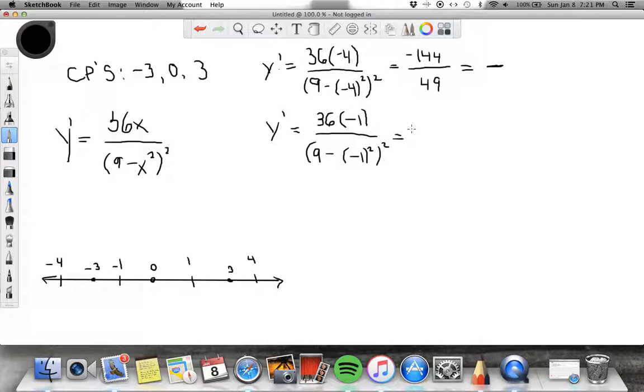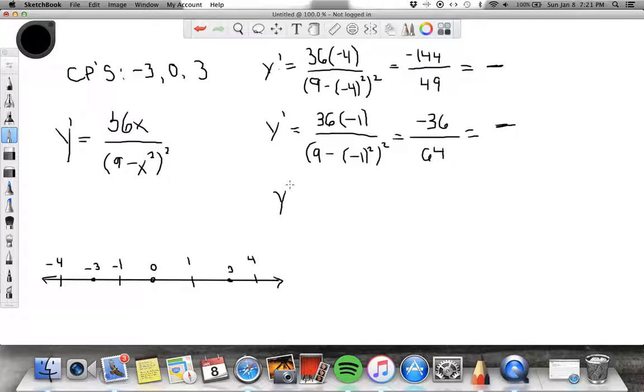When you simplify that, you get -36 over 64. Because 1 squared is 1, 9 minus 1 is 8, and 8 times 8 is 64. When you divide these, once again, you will also get a negative number. All we care about is that it's a negative number. You'll see that in a moment when we go back to our number line after we find all of these values.